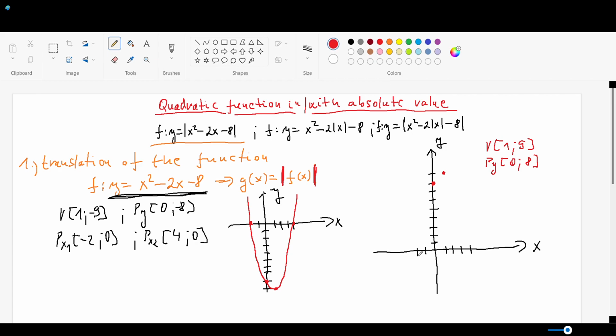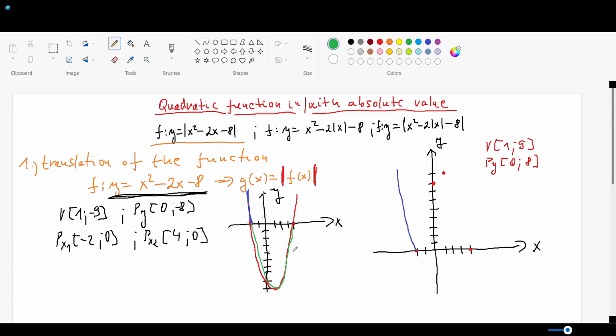So let me just finish this graph. Here we go. This part of the parabola will remain the same, okay, because these are all the positive values, so all the positive values will remain the same. So let me sketch this part of the parabola.